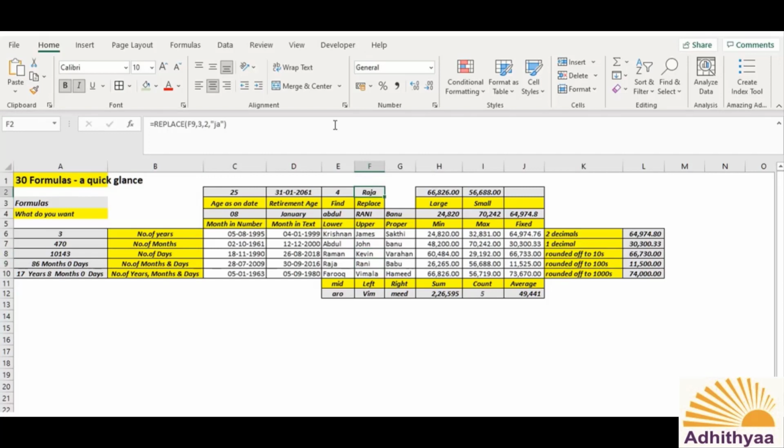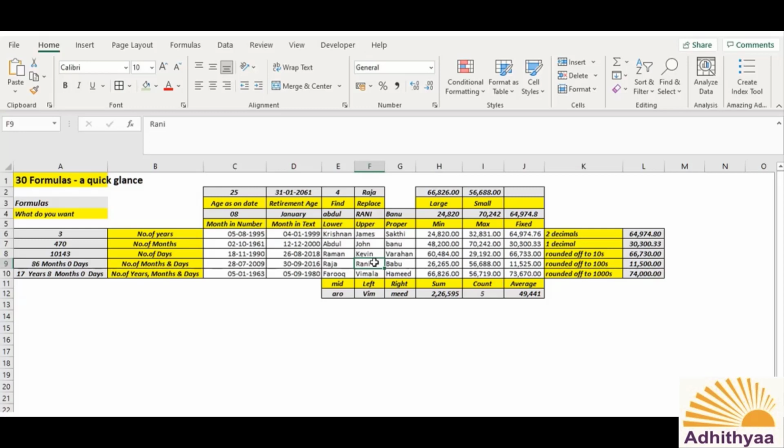So I am going to use this formula, REPLACE F9 comma, from which character onwards. I am going to replace from the third character onwards, that is Ra, Ni, Raja. So R-A-N-I. N is the third character and I is the fourth character. So I want to replace from the third character, and how many characters?